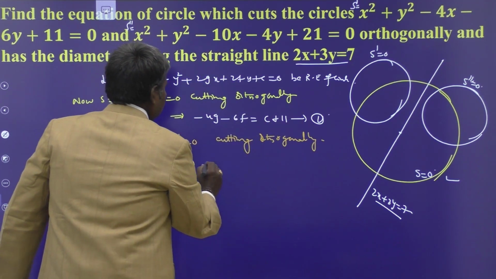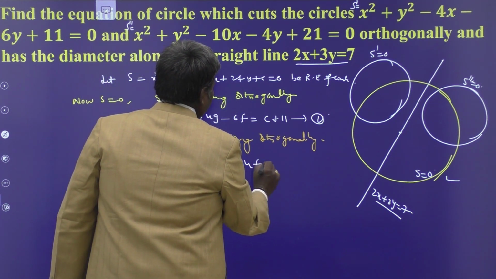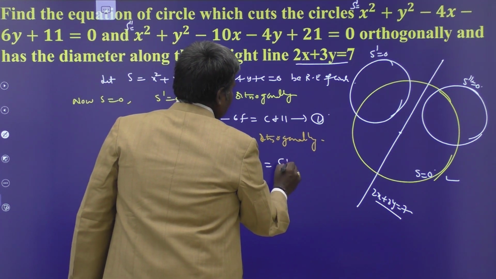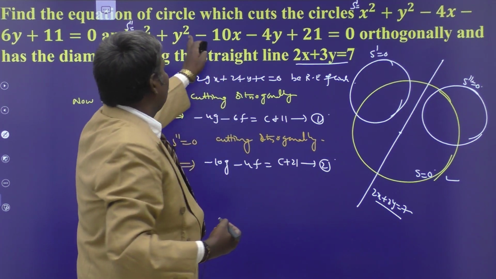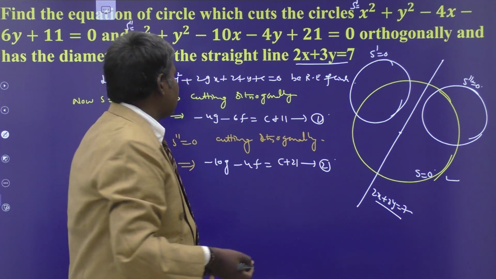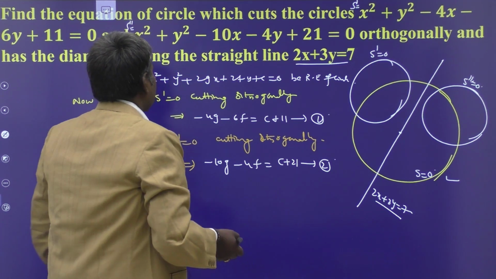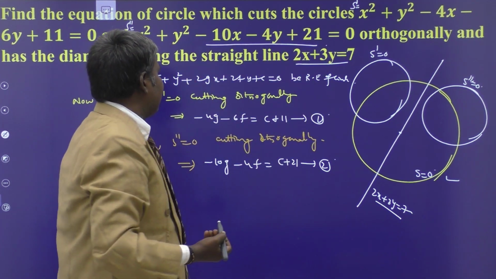Minus 10g minus 4f is equal to c plus 21. This is equation number 2. 2 into gg dash plus ff dash equal to c plus c dash. In your examinations you have to write that formula compulsorily. Just by looking at the equation itself we are writing the condition here.